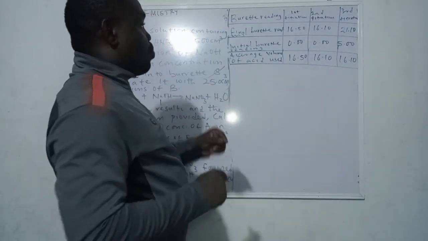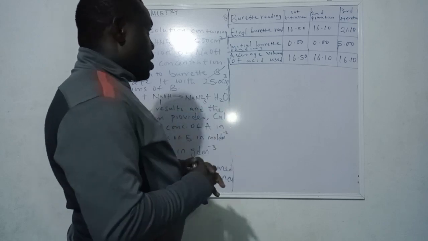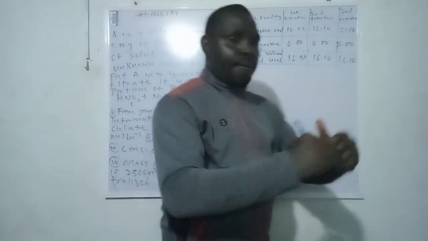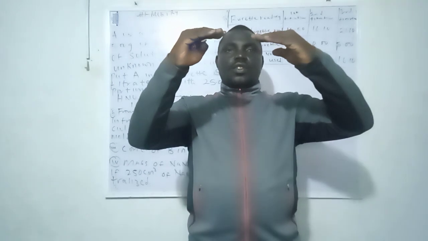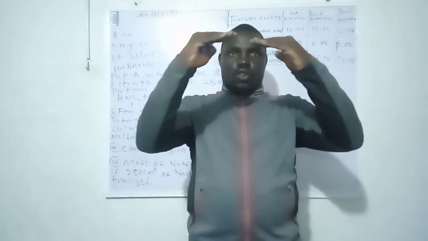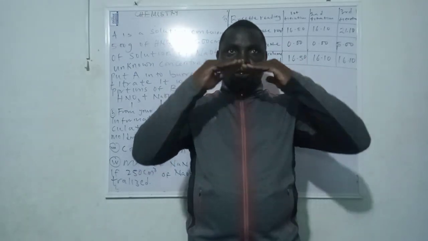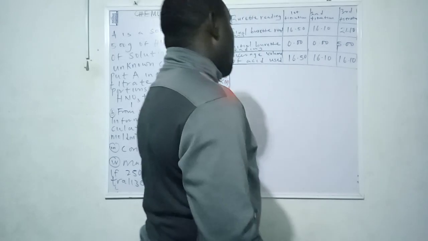So the acid is poured in the burette and the base is poured in the pipette. When you're reading the burette, make sure you read straight to avoid error due to parallax. You're not looking up, neither are you looking down. You look straight, and that will help you avoid error due to parallax.